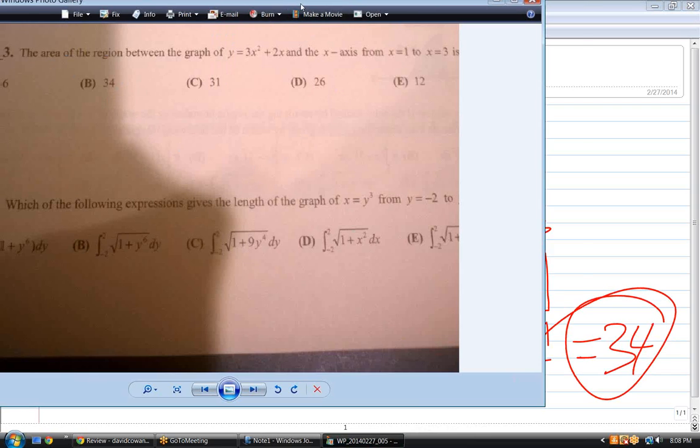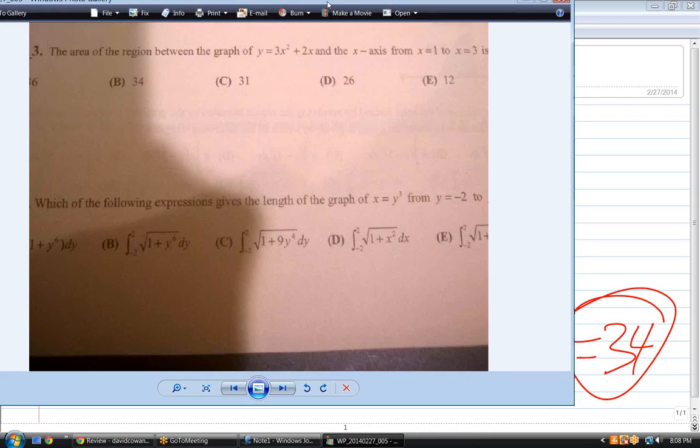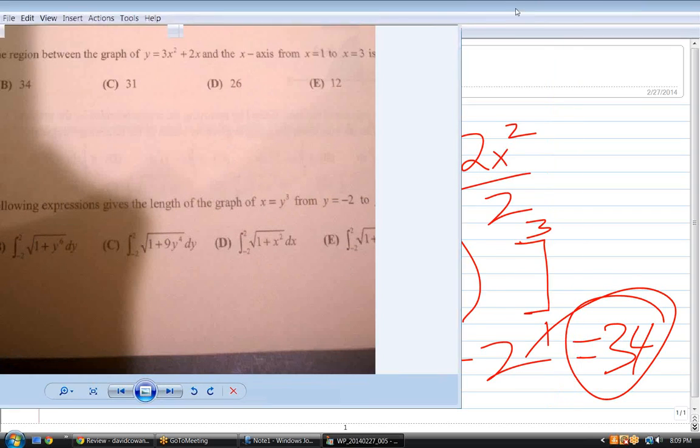That cut off. Number 4 says from -2 to +2. Which of the following expressions gives the length of the graph? So they're talking arc length. So let's review our arc length formula.